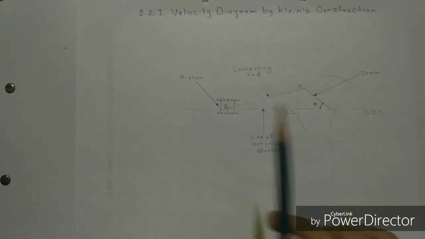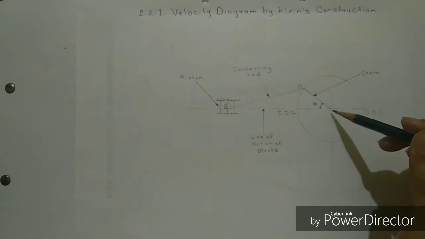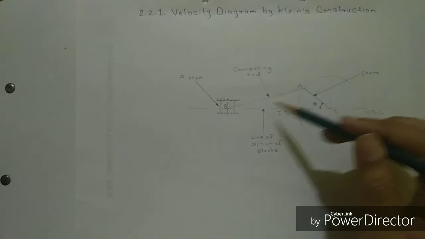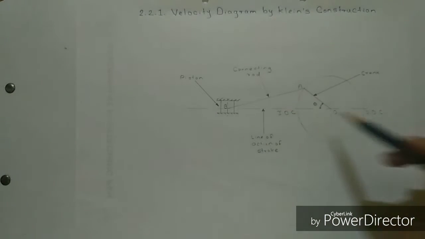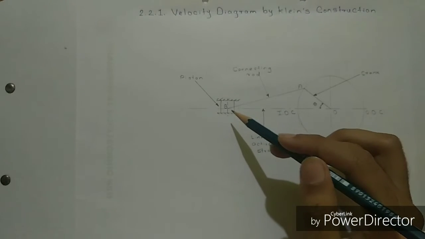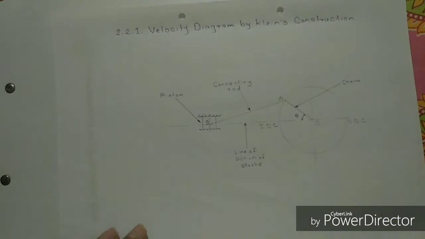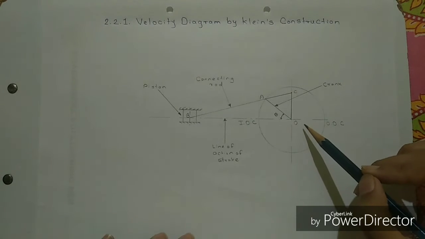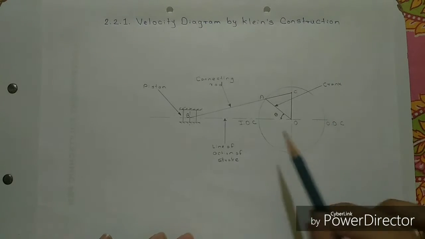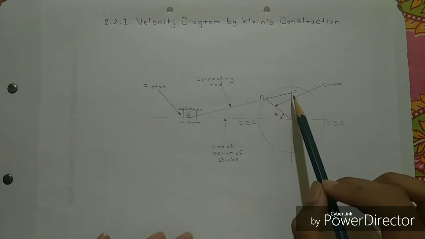Now we extend the line AB, and to intersect the perpendicular drawn from O, we get the point C here. We extend AB from A to B, and from the point O we get C.